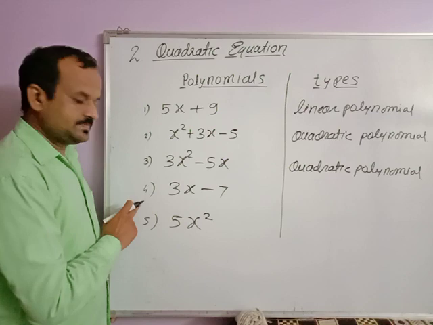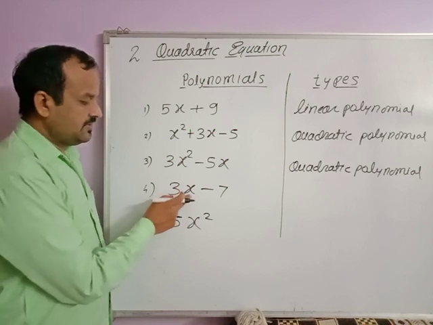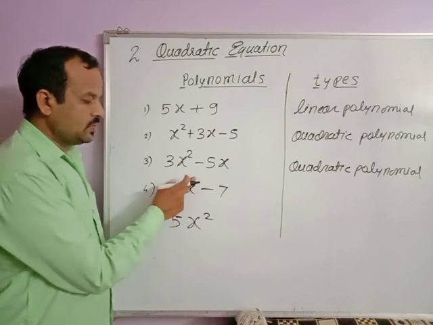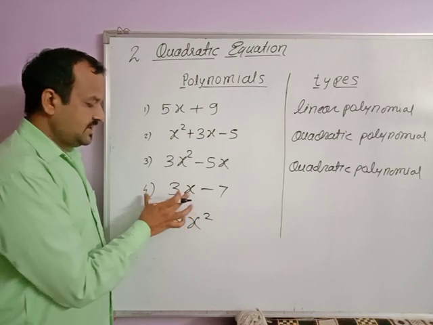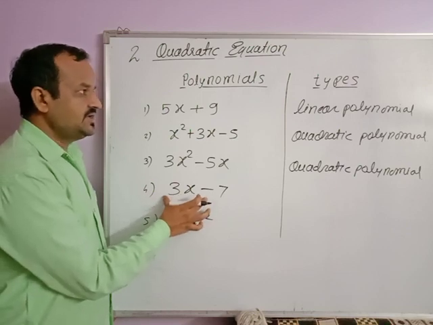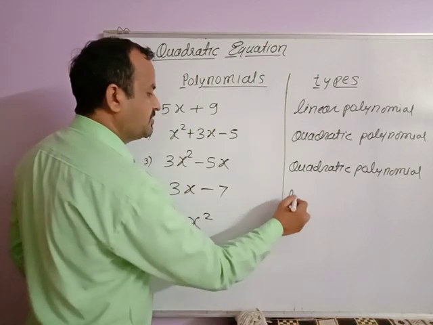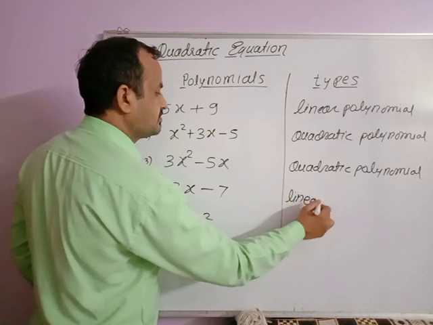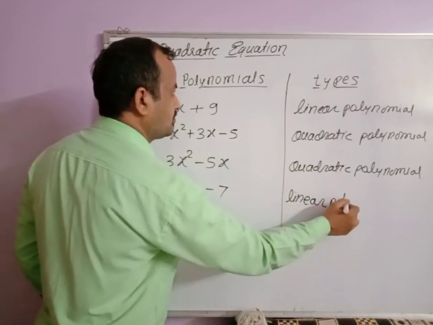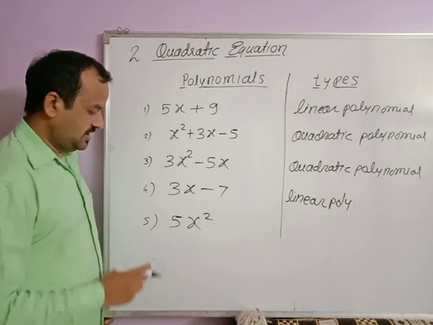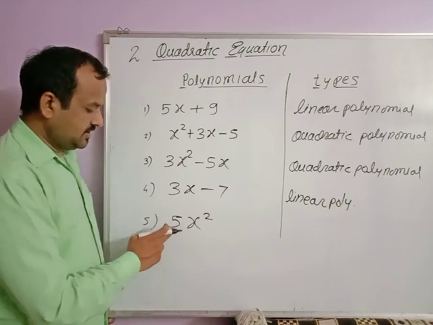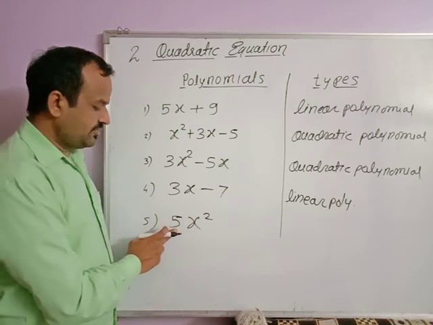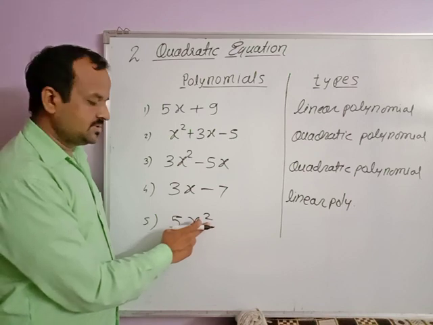In the fourth, the degree of the variable is 1, and hence this expression is a linear polynomial. And the last one, here the expression is 5x square.